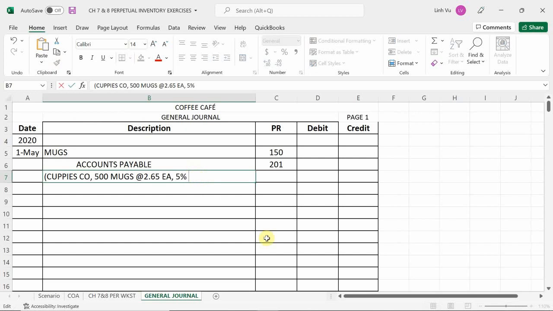That's something that we should put in there. 5% 15 net 30 means that in 15 days, we're able to take a 5% discount. If not, then in 30 days, the bill is due.